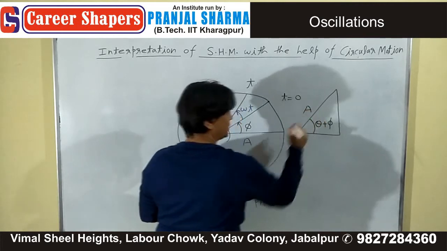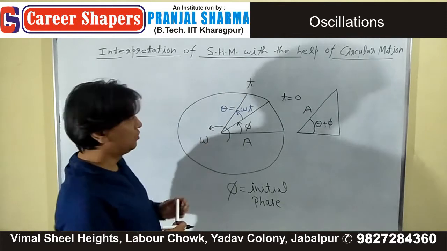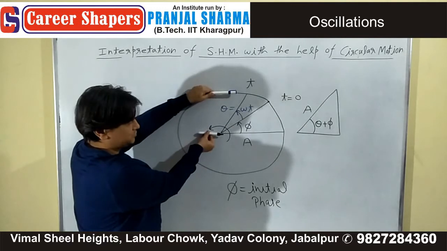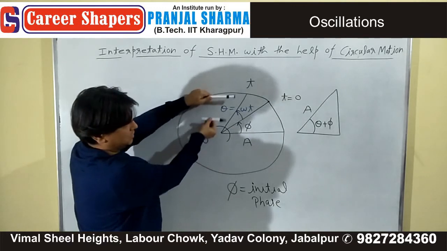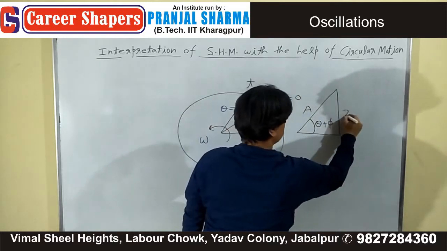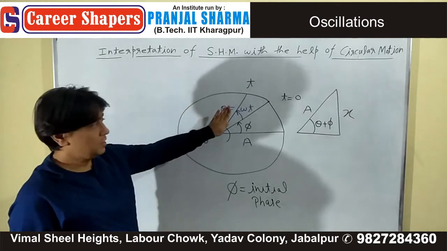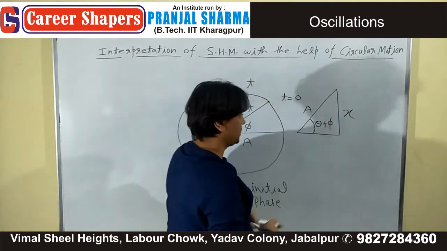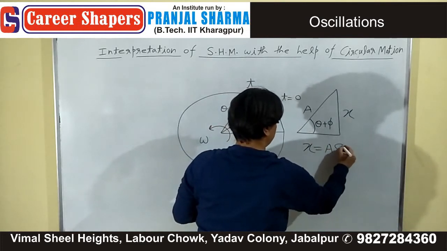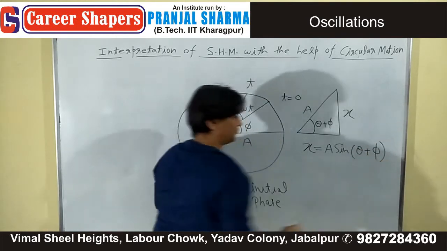The length of the rod is A. The shadow it casts on the screen blocks this much portion, and the length of that portion is X. You know that X can be written as A sine theta plus phi.